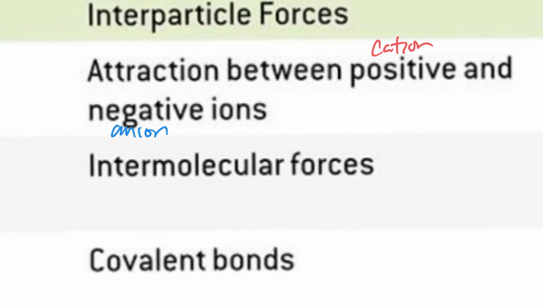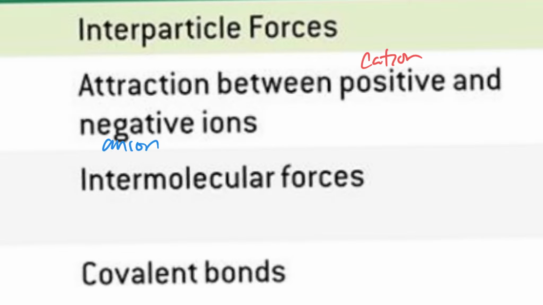All right, and so the forces that keep these types of solids together are intermolecular forces, specifically. Just to remind us of the intermolecular forces that we talked about: hydrogen bonding, dipole, and lastly, London dispersion forces. So these are the forces that keep these molecules together in the form of a solid.